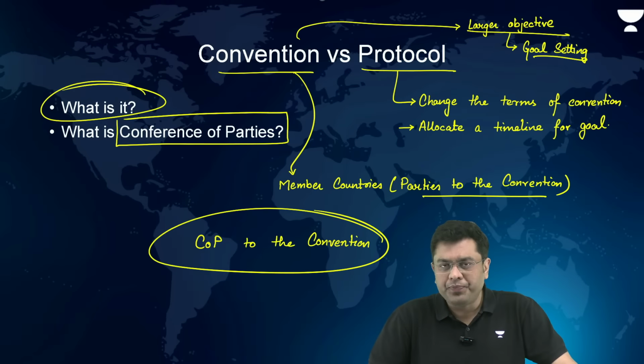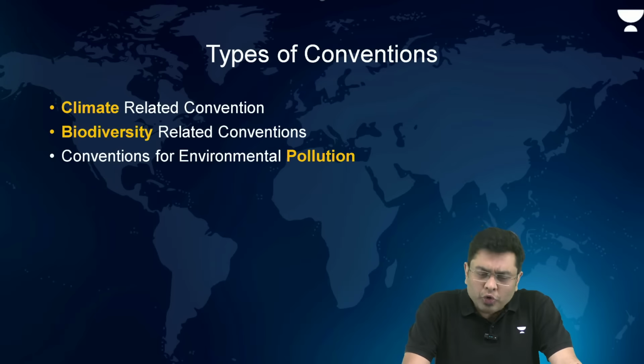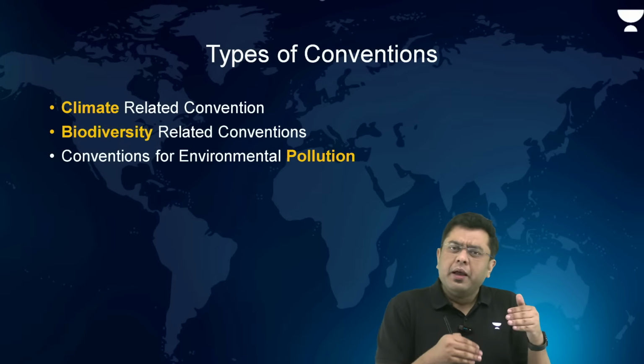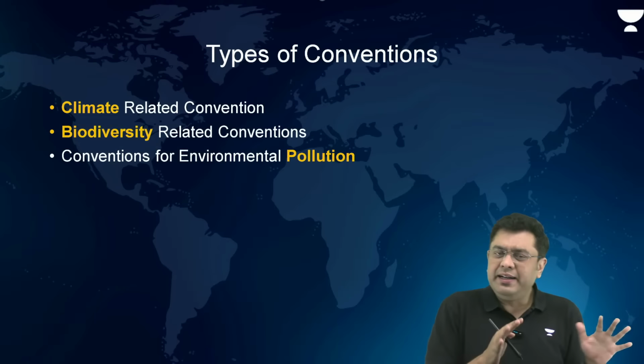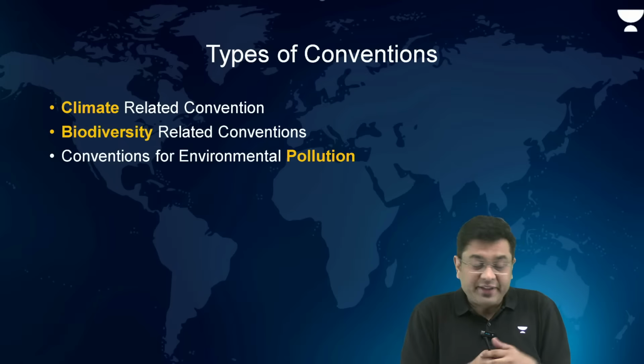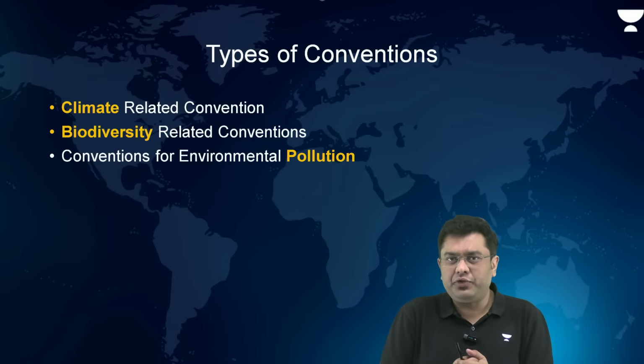Now, having said that, how to classify the conventions for your easier recollection and for easier consolidation of the text. So first of all, broadly it can be identified into 3 aspects. Now, why only 3 aspects, and what is the importance of these 3 aspects?